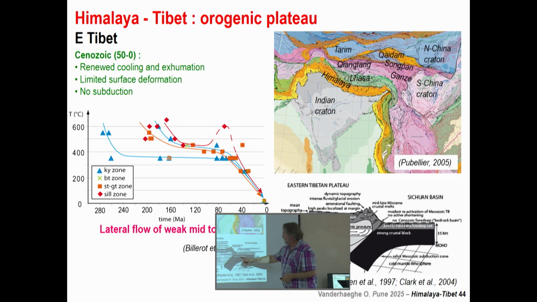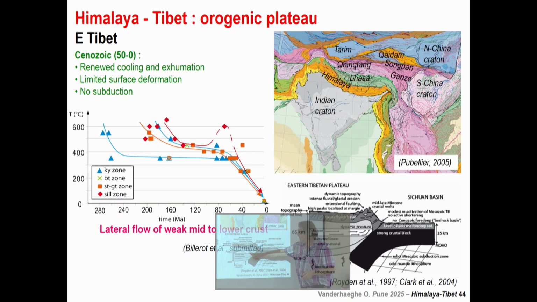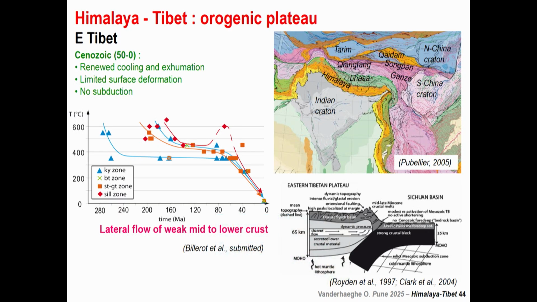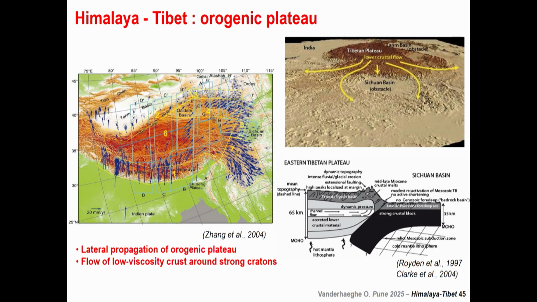And that's what is shown in this picture here, schematized as a channel that flows eastward and moves up the carpet. That was first proposed by Royden and Clark.